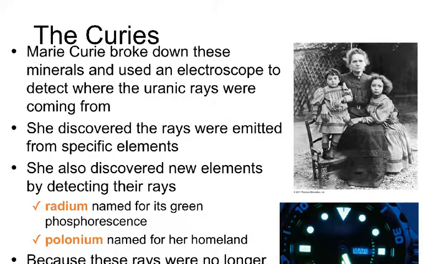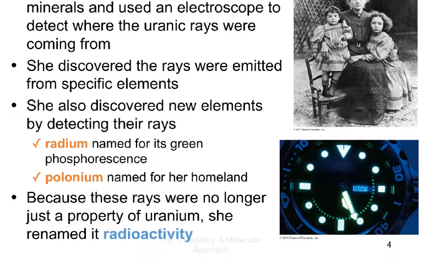Now we can talk about Marie Curie. I'm sure you've heard of her, very famous scientist. She broke down these minerals containing uranium, used an electroscope to detect where the rays were coming from, and she discovered they were emitted from specific elements, uranium being one of them, but she also discovered new elements.